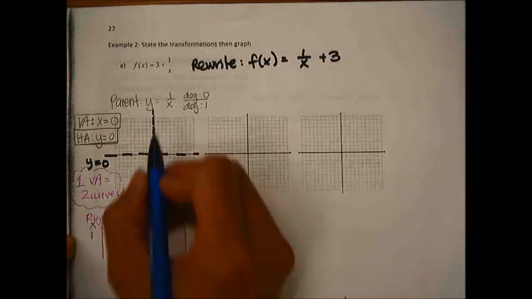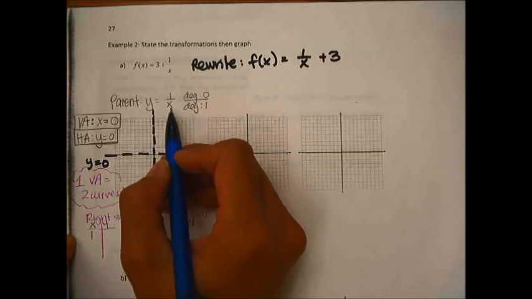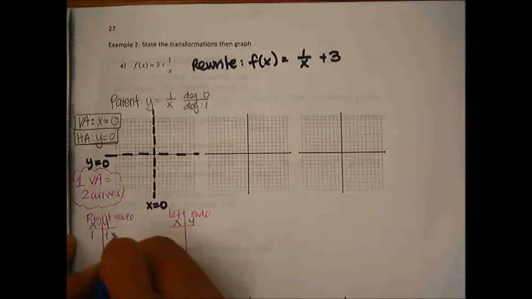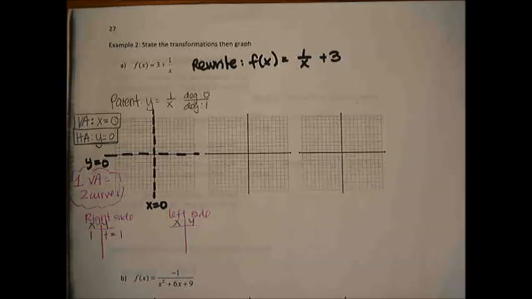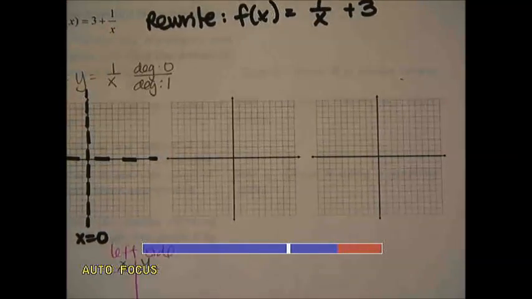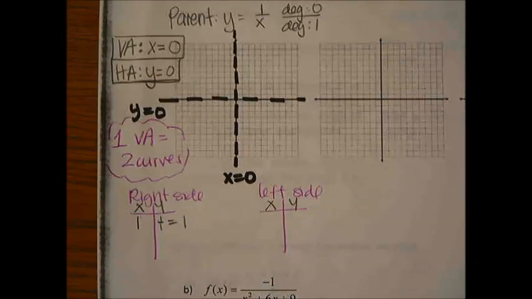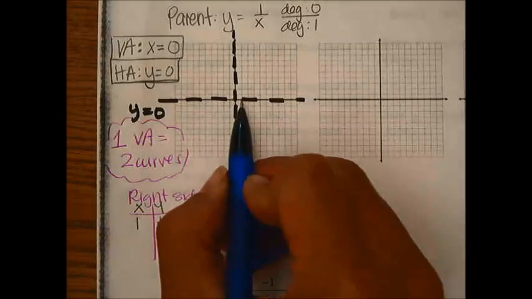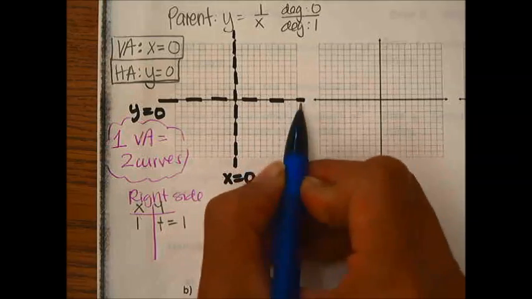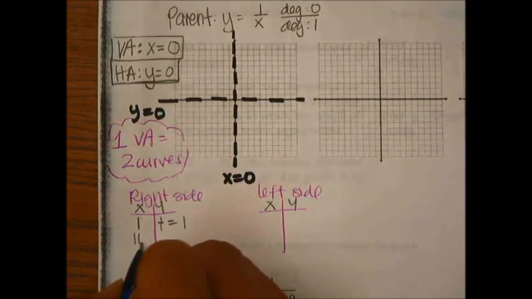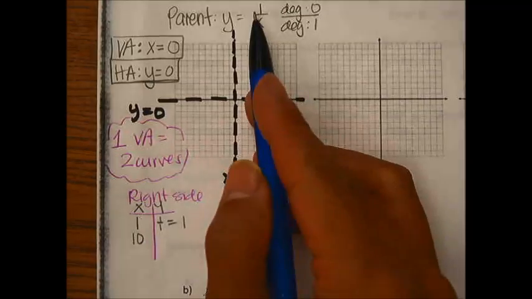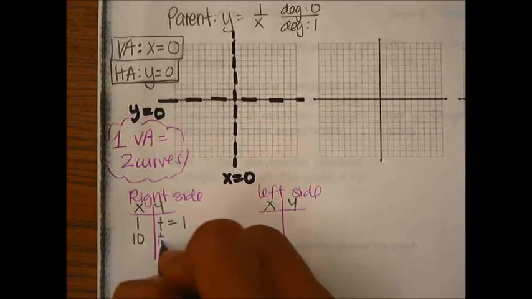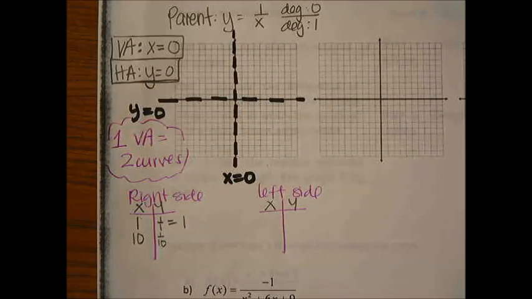For the parent function, 1 divided by 1 is 1. Then I'm going to pick the largest value I can pick for this grid, which is 10. 1 divided by 10 is simply 1/10 because I can't reduce.